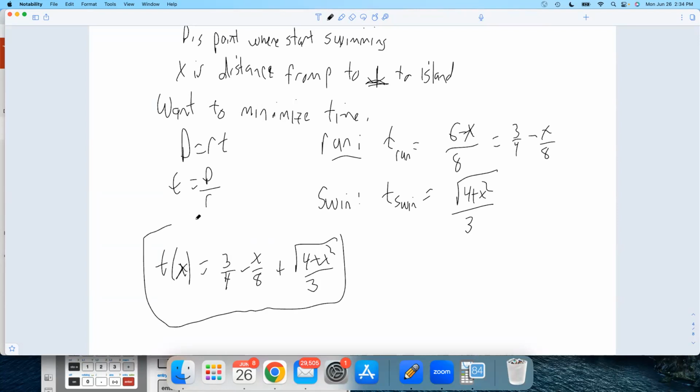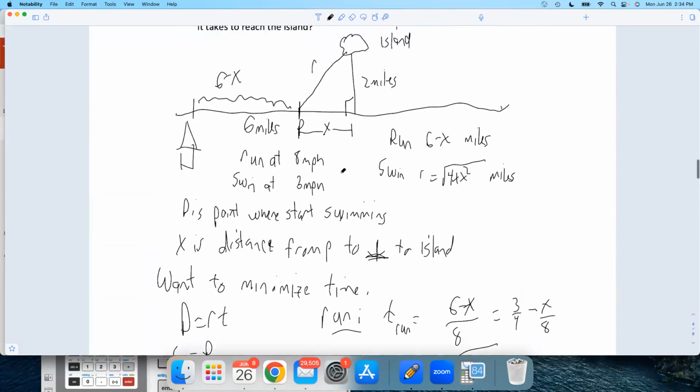Okay, what about my domain? What X's make sense here? We always have to think about domain because we have to check our endpoints. What's the biggest X could possibly be? 6. I definitely would not want to run to the left and then start swimming. Think about that.